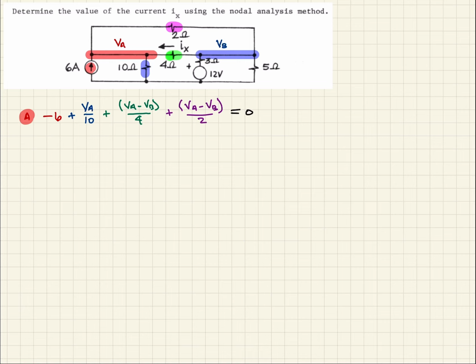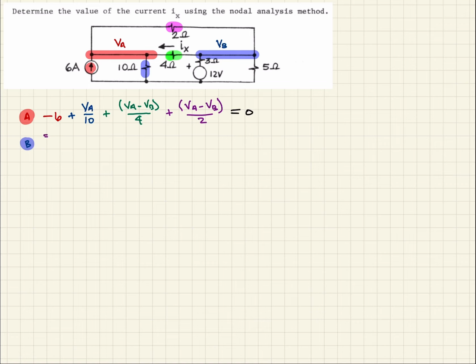And so now we want to go back and look at our B node. When we do that, we already have the resistor in purple defined, so we can characterize that current.